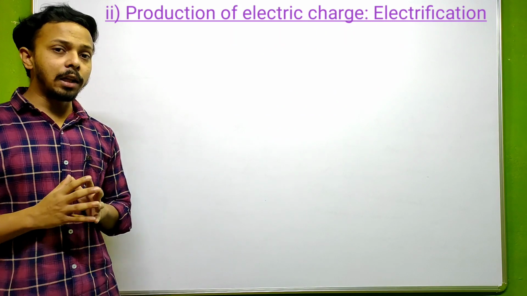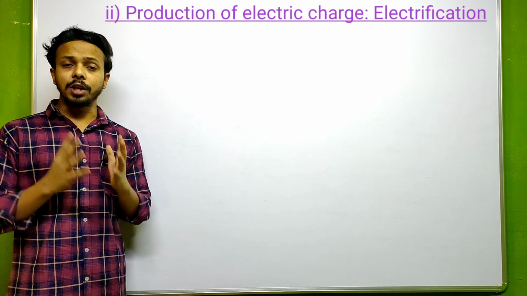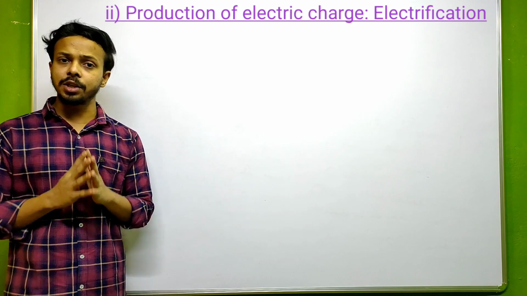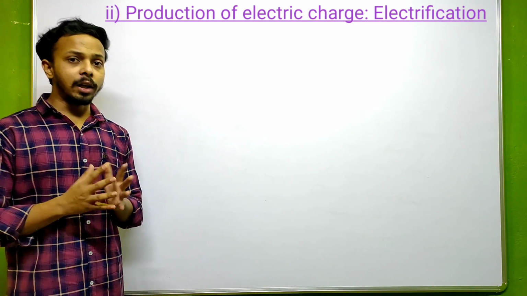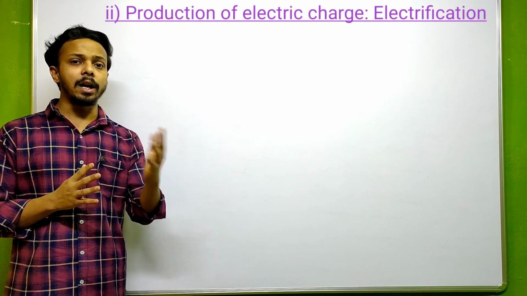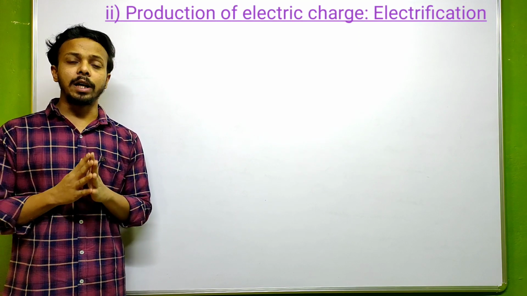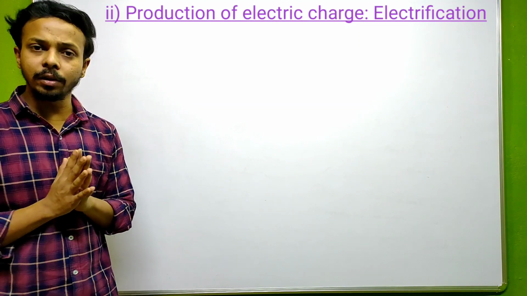Now there is another method of charging a body. In that method, the charged body doesn't lose its charge, and the other body gets charged just by placing it close to it. Means in that method we don't require any physical contact between the bodies.